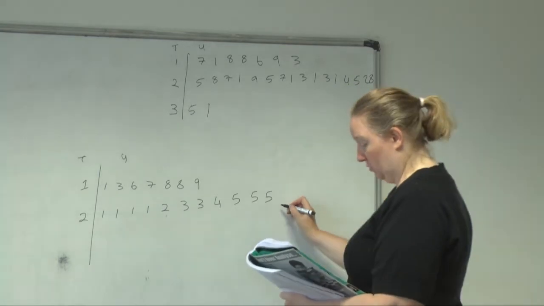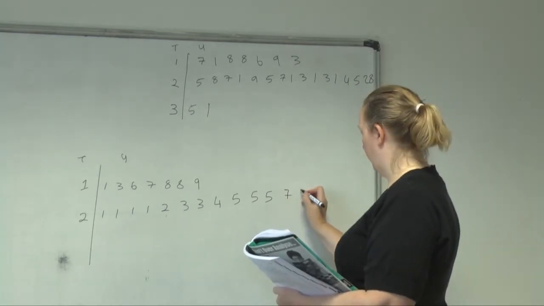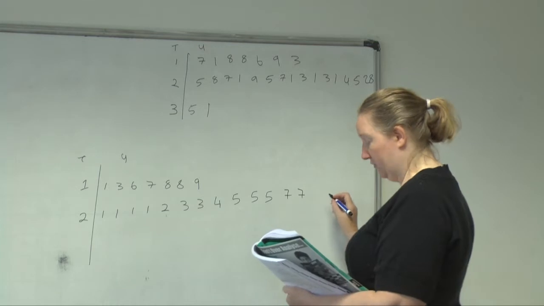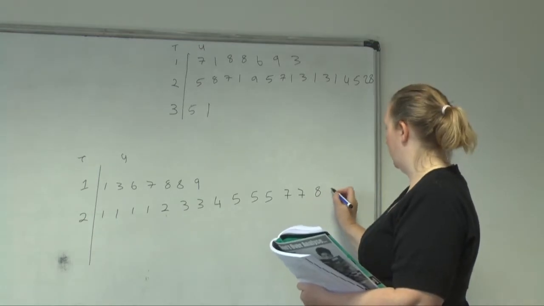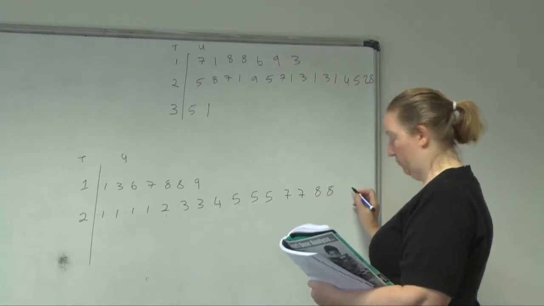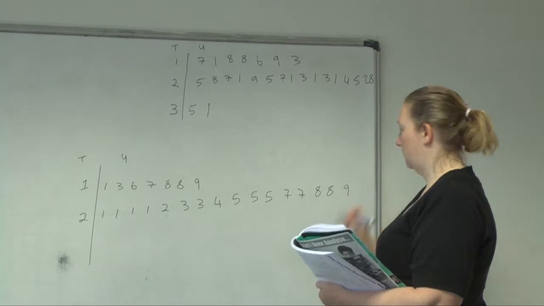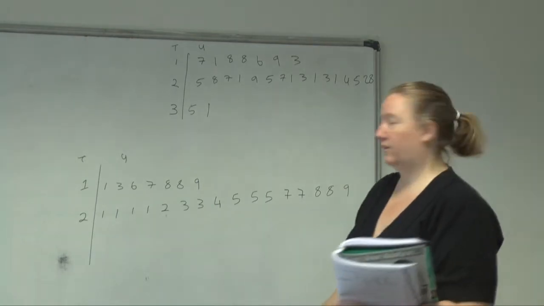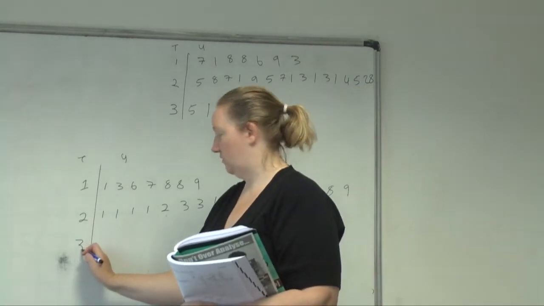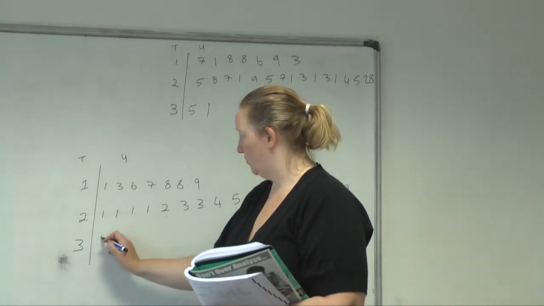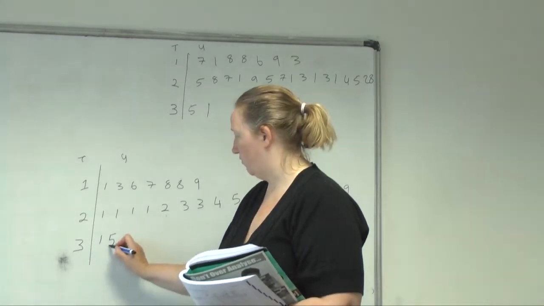I have 2 27-year-olds. I have 2 28-year-olds. And I have one 29-year-old. Okay? Then in the 30s, I have one 31-year-old and one 35-year-old.